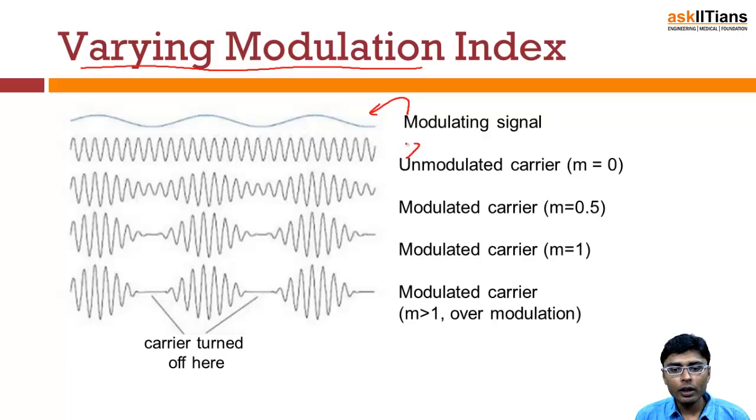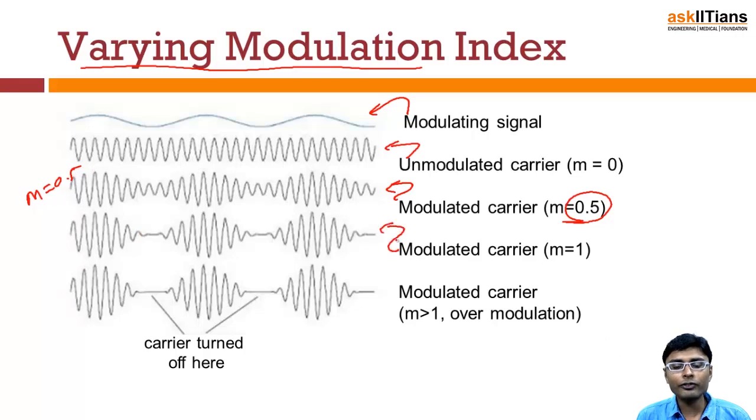The second waveform is an unmodulated carrier signal. This is our carrier signal having higher frequency as compared to the information signal. The third signal is a modulated signal, modulated by a modulation index of 0.5. So in this case the value of m is 0.5.